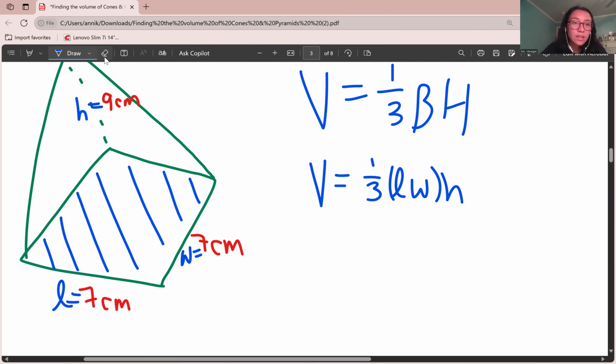Actually, I think our width would be this one, and our length.